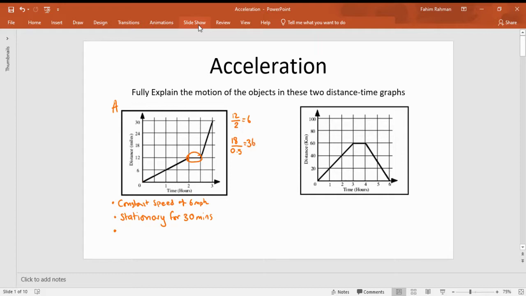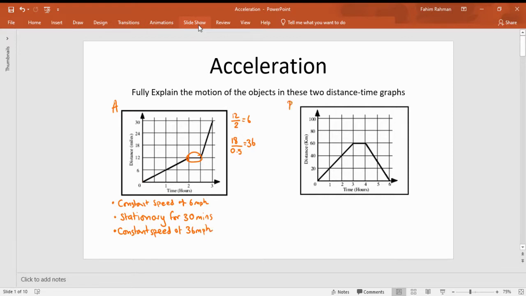So we've got 36. That means for that last part of the journey, we're at a constant speed of 36 miles per hour. Okay?